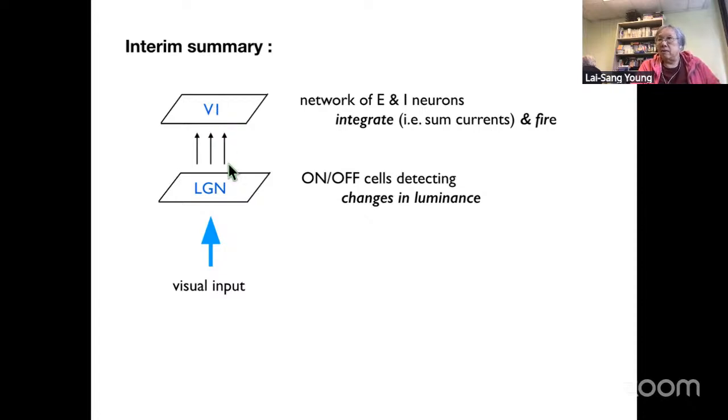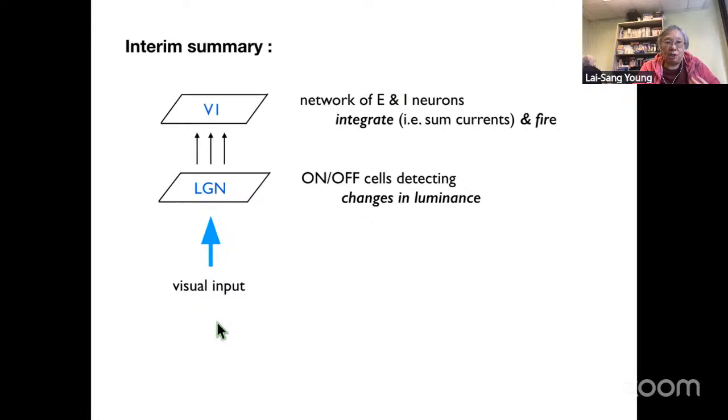But the neurons are very different. Here in the LGN, the neurons individually just tell changes in luminance, light to dark, dark to light. This is what they do. These are integrate and fire, meaning they sum the currents that they get, positive and negative. They look at the net current. When it gets high enough, they fire a spike, and then they talk to each other this way. So this is the dynamical system, kind of two networks.